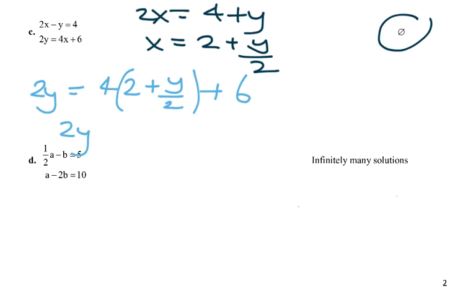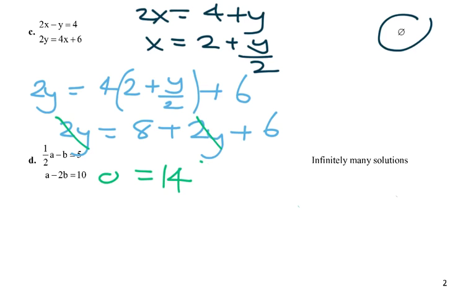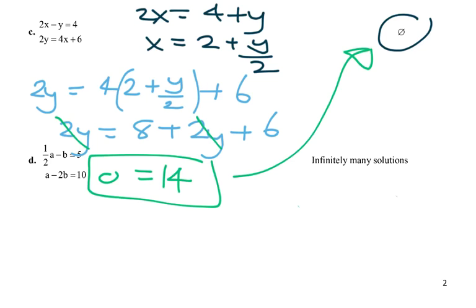So 2y is equal to 8 plus 2y plus 6. And then again you can see if we cancel out these two y's, 0 is equal to 14, which is not true, which means that no values of x and y will satisfy these two equations.